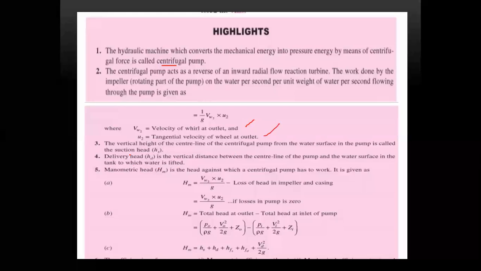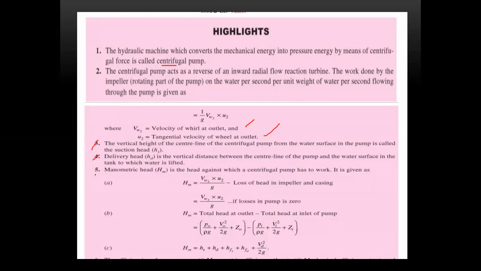The suction head formula, the vertical suction head, the delivery head formula, and the manometric head HM formula. The total head HM is equal to HS plus HD plus HFS plus HFD.